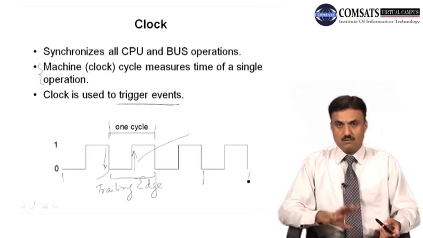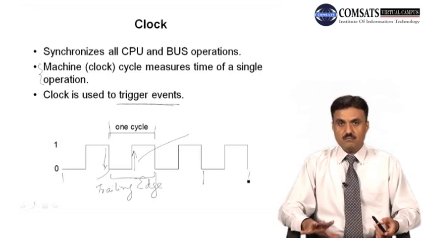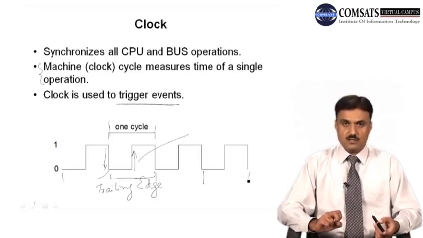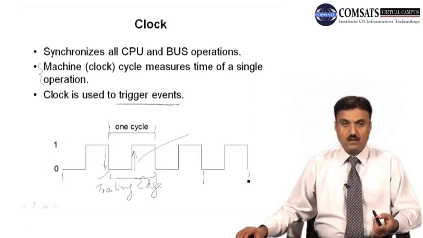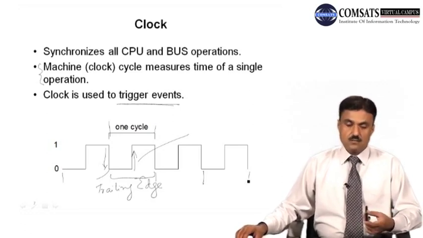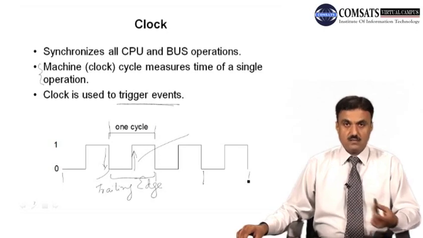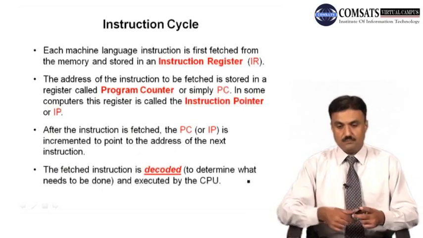This topic is not related to this subject, but it is a main topic when you study computer architecture in more detail, so we will not discuss it further. Just for the concept, the CPU performs operations based on the clock cycle, either on the leading edge or the trailing edge.